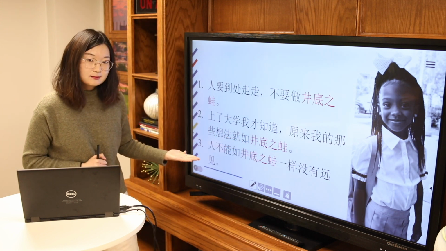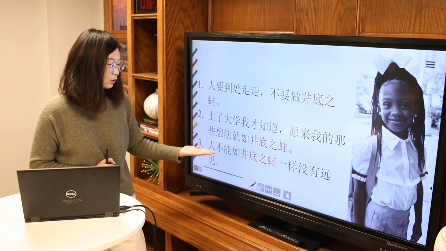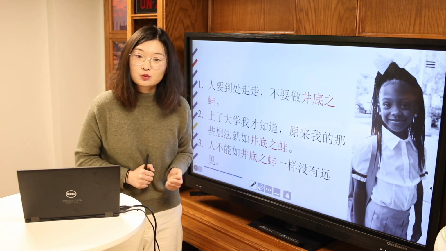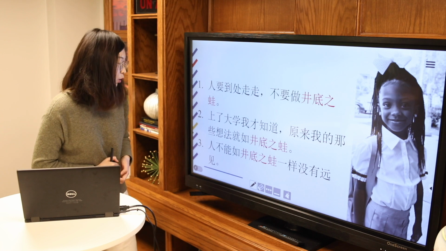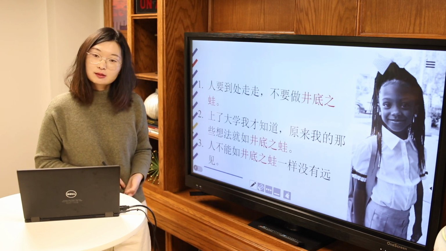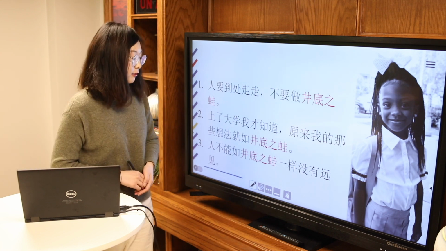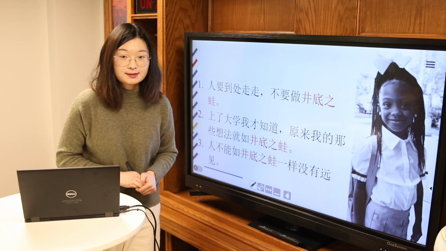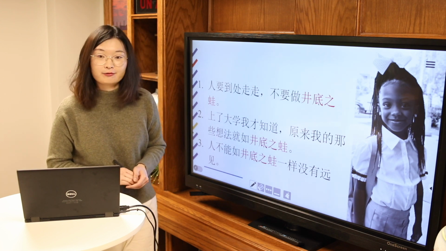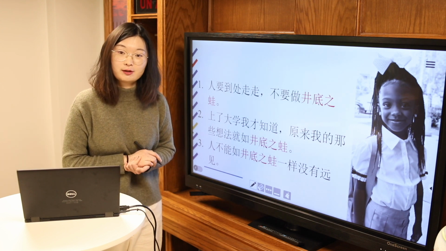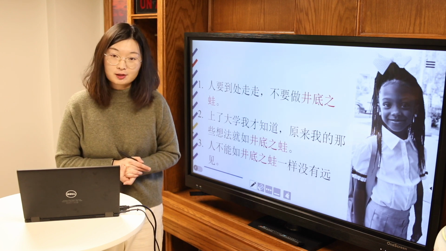And then 3. 人不能如井底之蛙一样没有远见. So we cannot be like the frog in the shallow well who has a narrow view. We should have future plans. We should have a very wide world view.